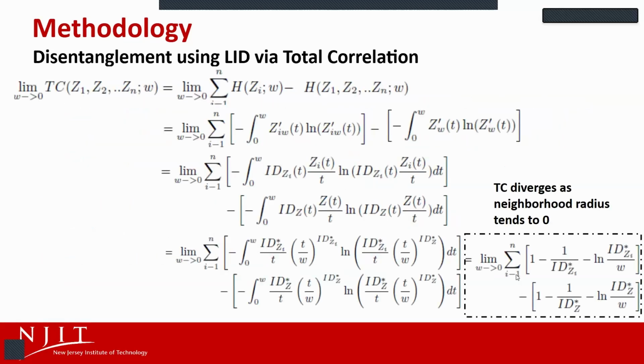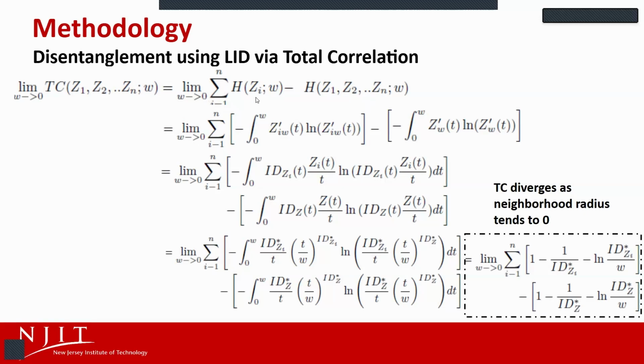In this slide, I have explored theoretically what happens to TC as the neighborhood radius reaches 0. I have taken help and guidance from the paper Local Intrinsic Dimensionality, Entropy and Statistical Divergences by J. Bailey, M. Howell, and X. Ma. First, I broke down total correlation into the formulation using entropies.